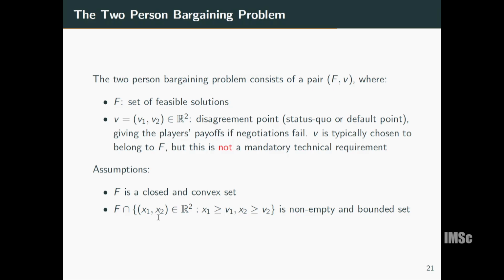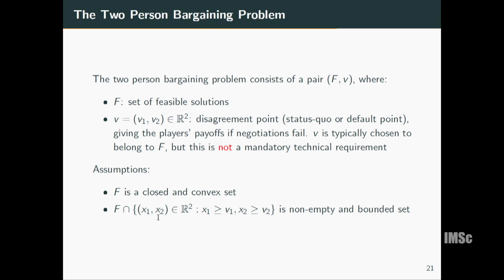Now, typically v belongs to the feasible set, and in this case my feasible set will be all possible utilities which can be achieved through the correlated strategies. So, what I want from this feasible set is a good solution. I do not know what a good solution is for now, but this good solution will emerge from this feasible set.